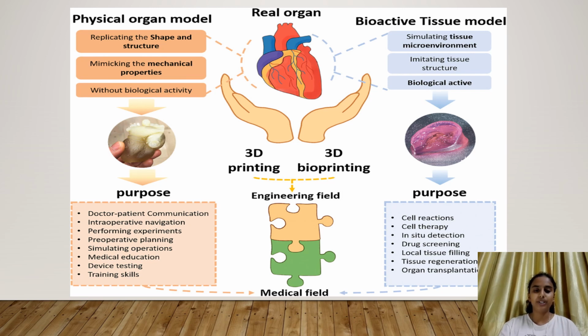Purpose of 3D printing: doctor-patient communication, intraoperative navigation, performing experiments, pre-operative planning, simulation operations, medical education, training skills. The purpose of bioprinting: cell reactions, cell therapy, drug screening, local tissue filling, tissue regeneration, organ transplantation.